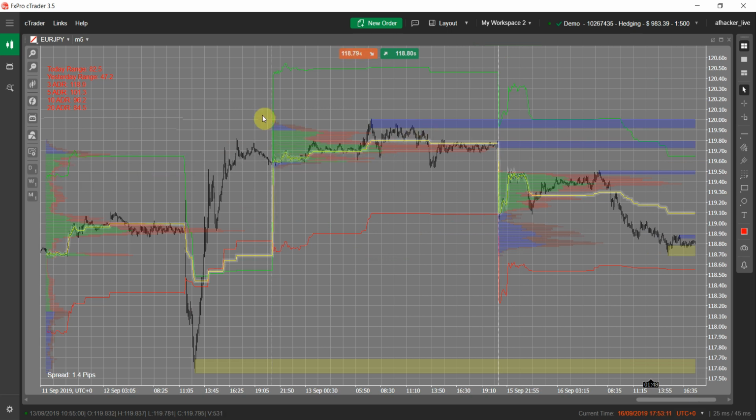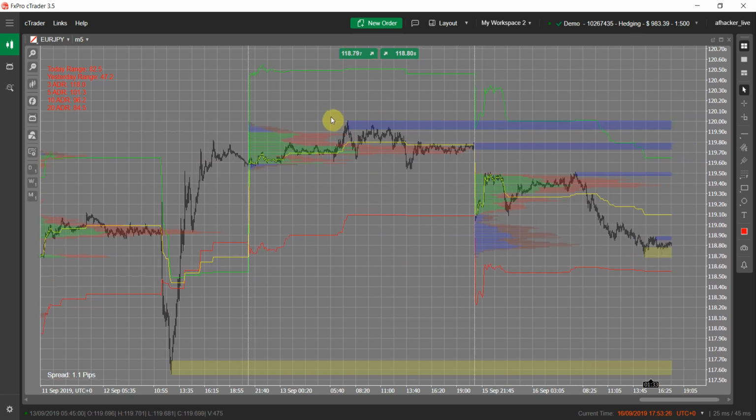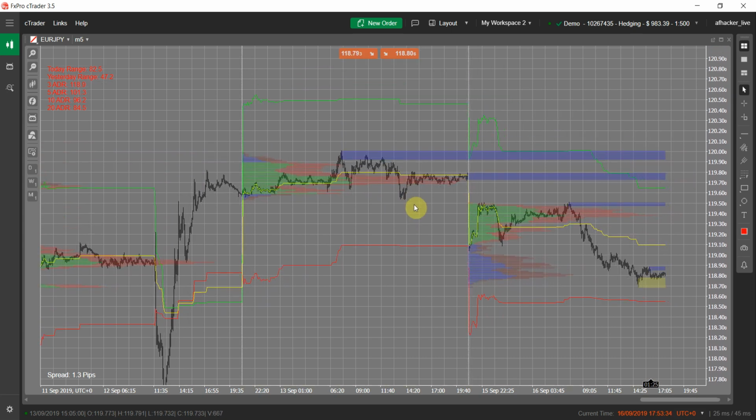Look at this day. The whole day price was in a tight range, trading around the median line of ADR. It didn't move too high or too low. So on this type of days we are safe. We are not going to enter on consolidation days like this. We don't need any filter for getting rid of noise or anything like that.